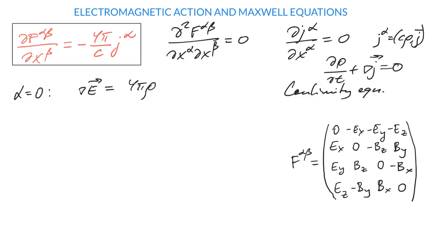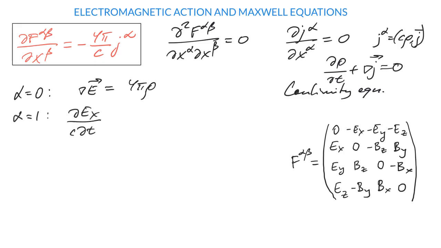Let's look at the other components. Let's take alpha equal 1. So now we're working with this line of the tensor. So there will be a piece from E and a piece from B. The first term, we have dEx divided by c dt.